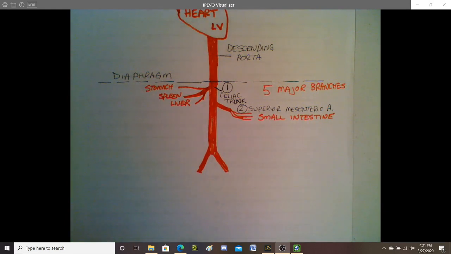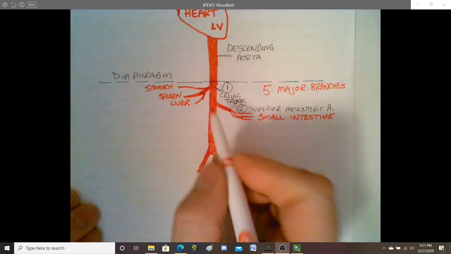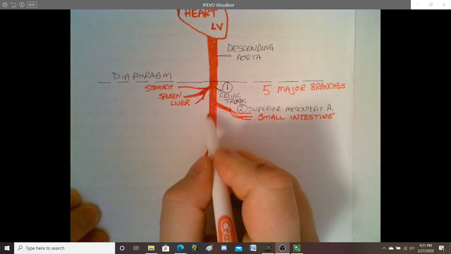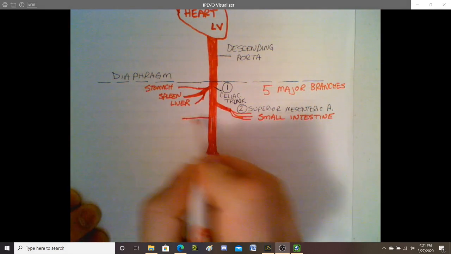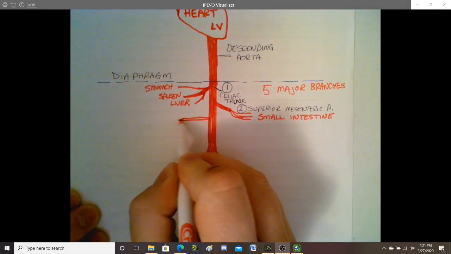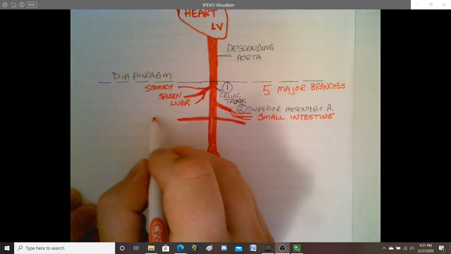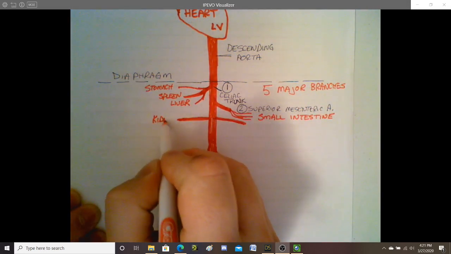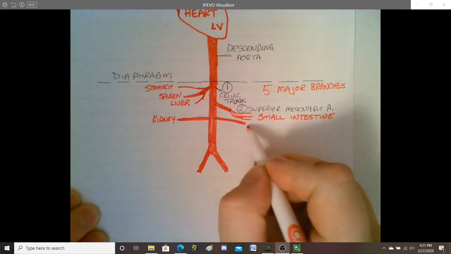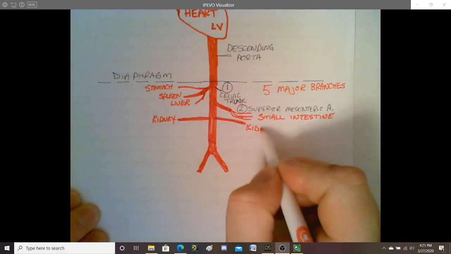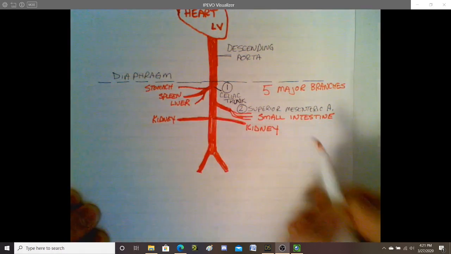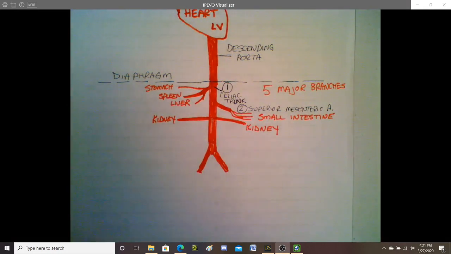All right. Then next, we're going to go down a little bit further, and you're going to have 2 branches. These are going to go to your kidneys. And these are your renals.